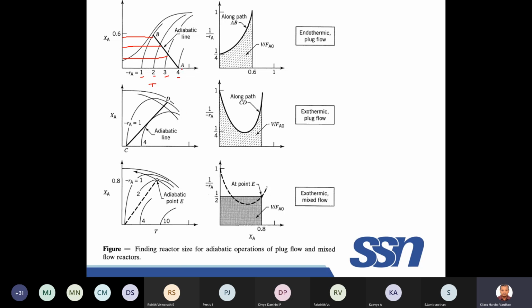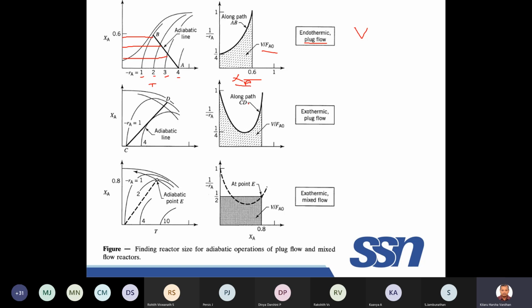Now what we need to do: if this is a plug flow reactor, we know that the area under the curve will be equal to V by Fa naught. So we draw minus 1 by RA, that is 1 by RA, versus XA. How do you get this XA? This XA is the intersection point.